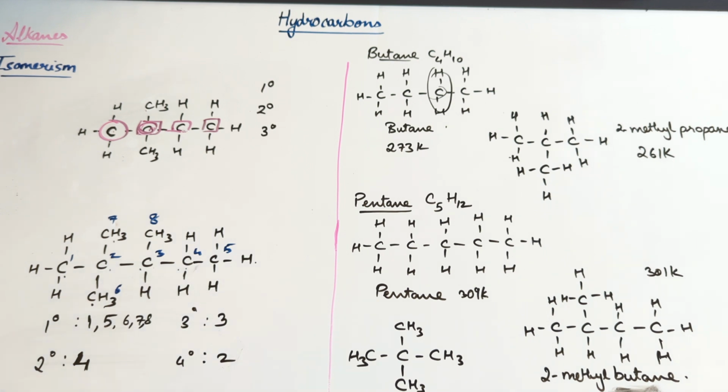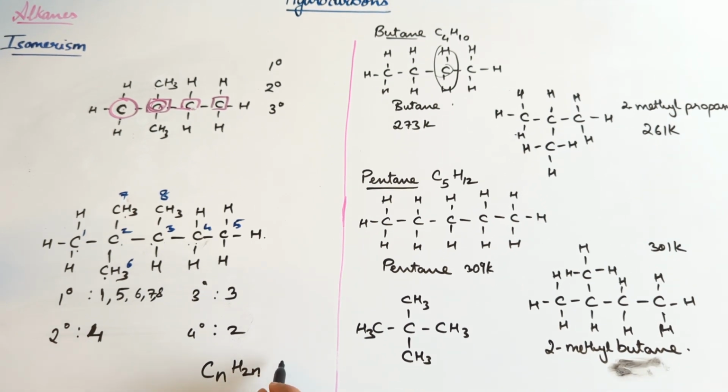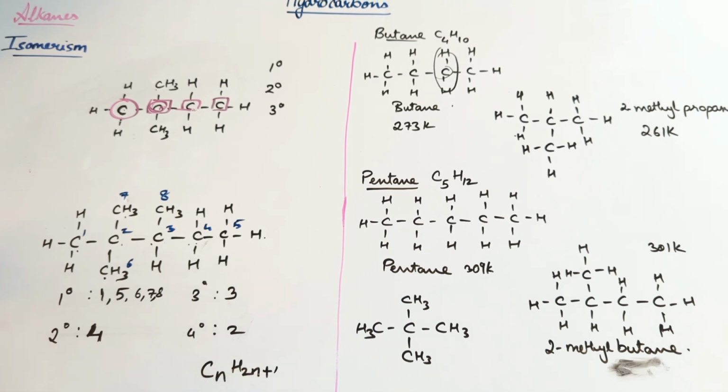Anyways, so alkyl group, if you remember in the previous chapter, we said that you have a methyl group attached and an ethyl group attached. It basically has one hydrogen atom less than an alkane. So when you have an alkyl group attached, its general formula is going to be CnH2n plus 1.